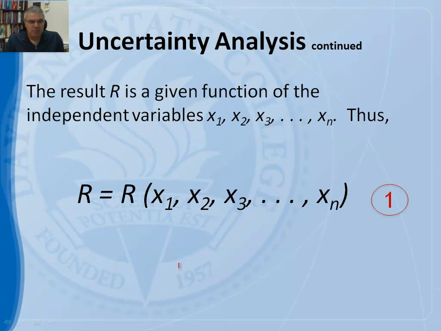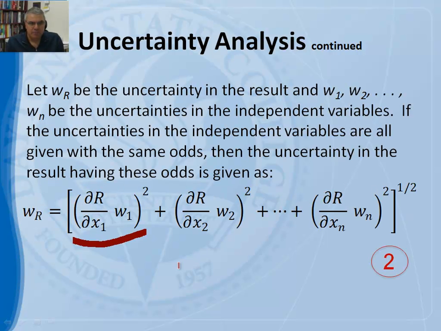So let's say in general we have the result R, which is a function of more than one independent variable, in this case, n variables. As such, we would express the function R the way I presented here and marked it as 1. So that was a general form of that equation.